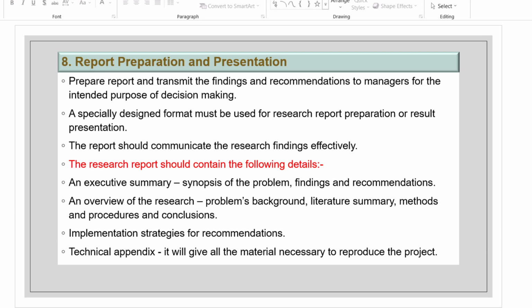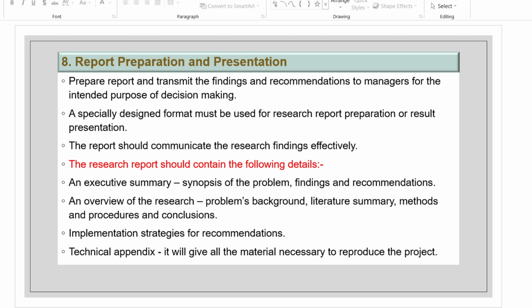A specially designed format is used for report preparation or result presentation. A research report should contain the following details: an executive summary, an overview of the research, and implementation strategies for the recommendations. While we recommend, we have to show what strategies can be used to implement these recommendations. A technical appendix should also be there, so that the project can be reproduced later.